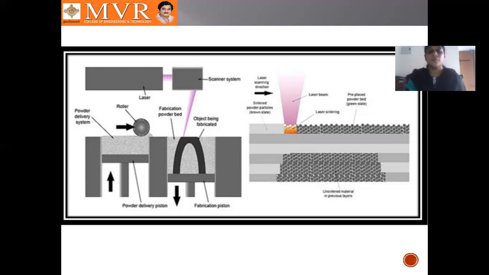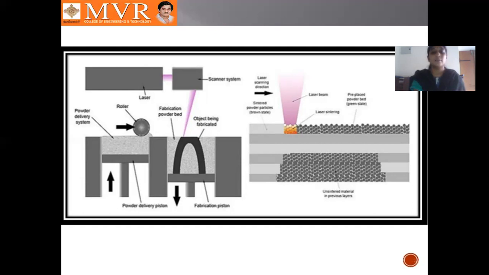Okay, and this powder delivery system will be rolled, and through the fabrication system it goes downwards, and then the fabricated material is obtained.